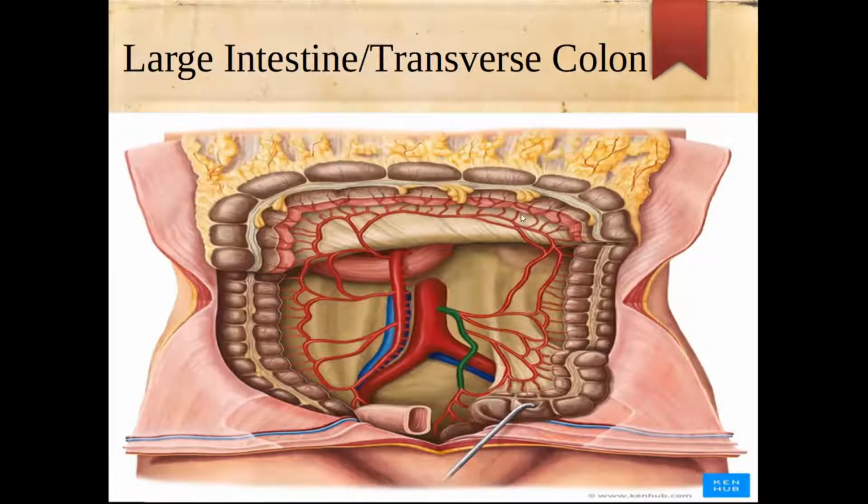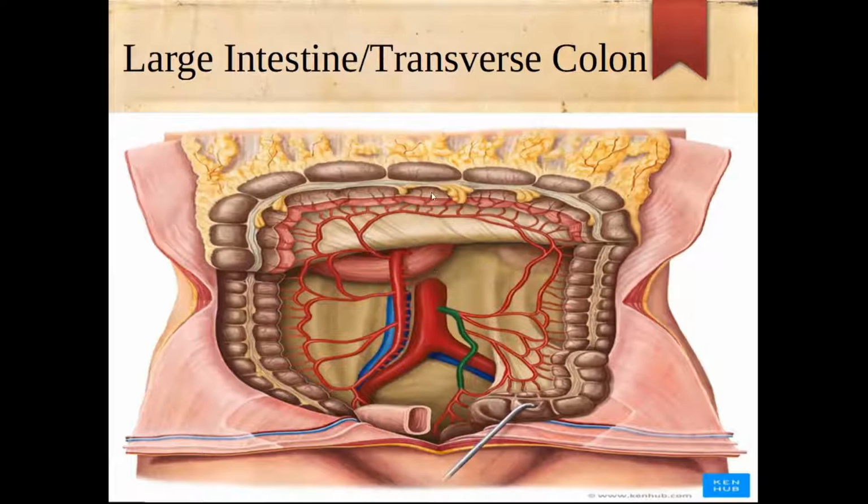The distal one third of the transverse colon is supplied by the ascending branch of the left colic artery. The ascending branch of the left colic artery makes an anastomosis with the left branch of the middle colic artery, and this supplies the other part of the transverse colon. Is it clear or confusing? Clear.